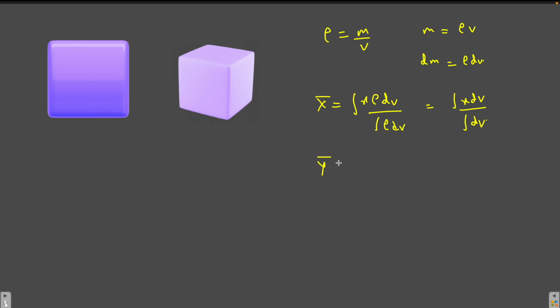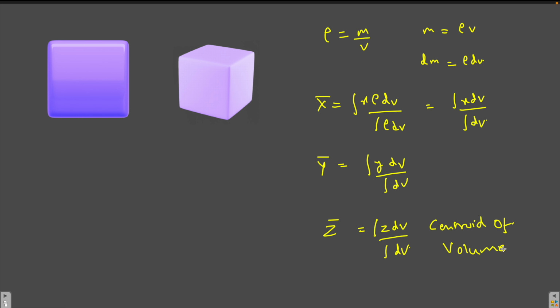Similarly, y bar will be integration of y dv by integration of dv, and z bar will be integration of z dv by integration of dv. Now these are the centroid of the volume. These are the centroid of volume, and here we consider that the density of the body is constant.